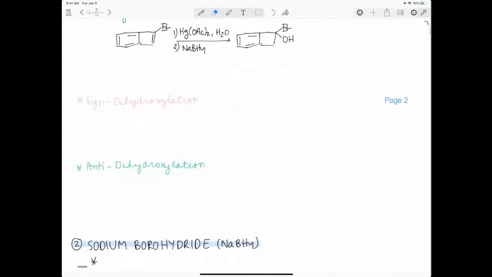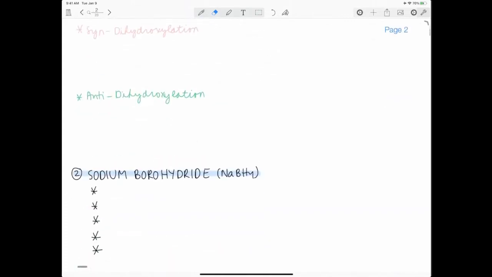We also talked about syn dihydroxylation. Say I had this molecule here, and I treated that with osmium tetroxide. I'm zooming past all these right now because you guys should know what I'm talking about, so that when I go through the reactions later, when I start sodium borohydride, this is where I'll slow down.